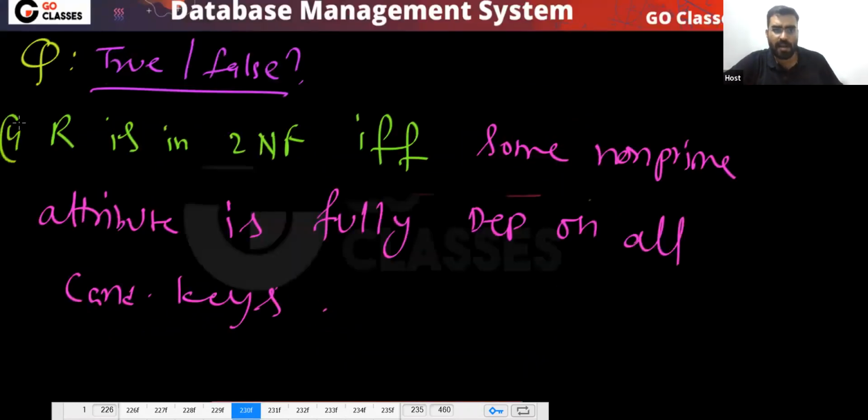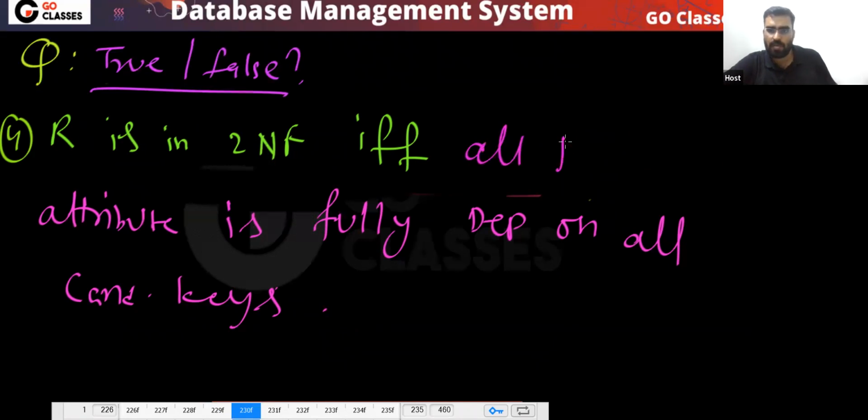Let's see the next. R is in 2NF if and only if all prime attributes are fully dependent on all keys. This has nothing to do with 2NF. Yes or no?